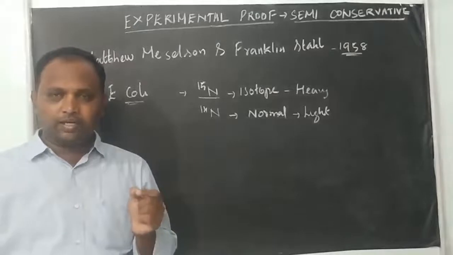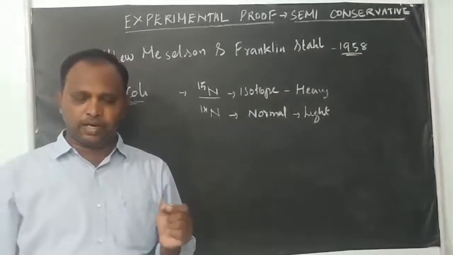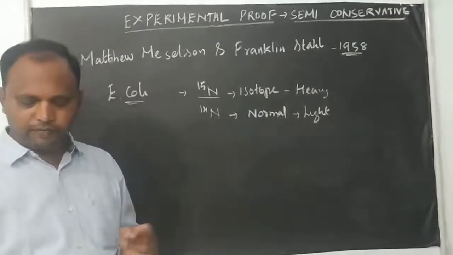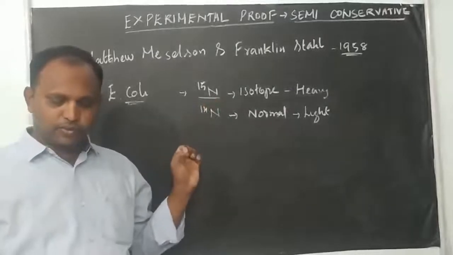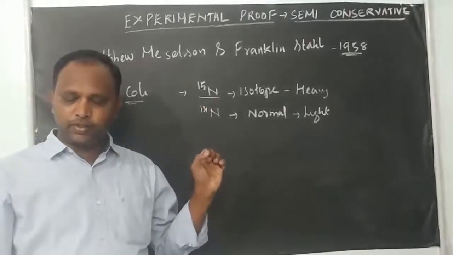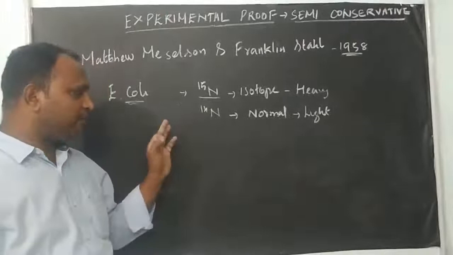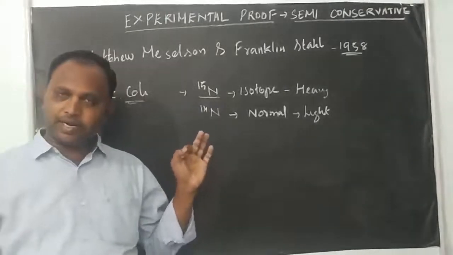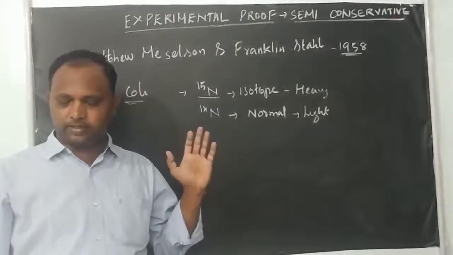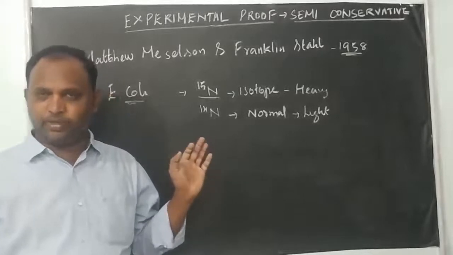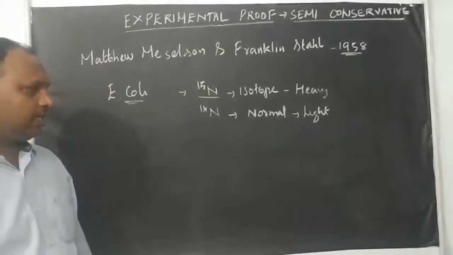N15 is the heavy isotope of nitrogen, and N14 is the normal, light nitrogen. By using that, they conducted this experiment.